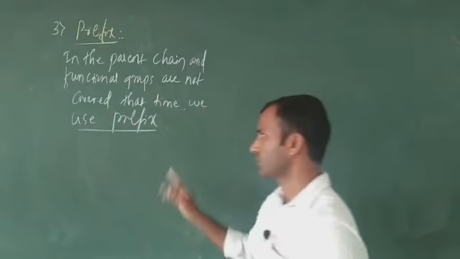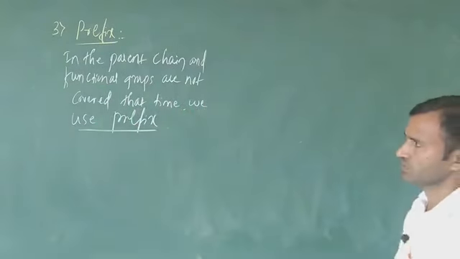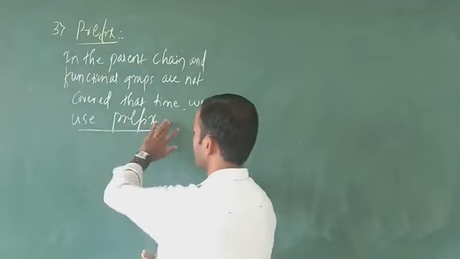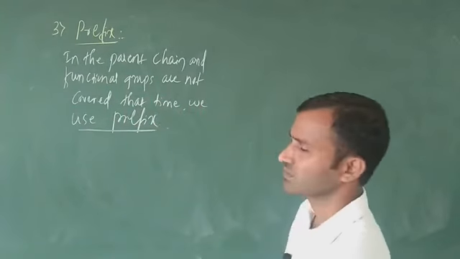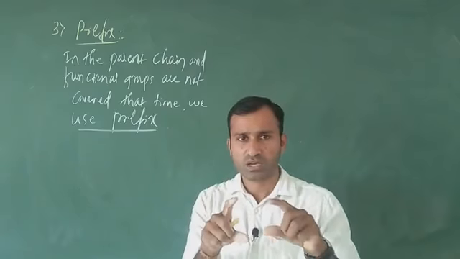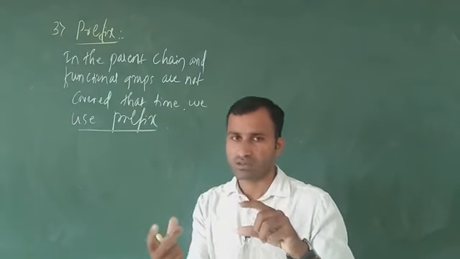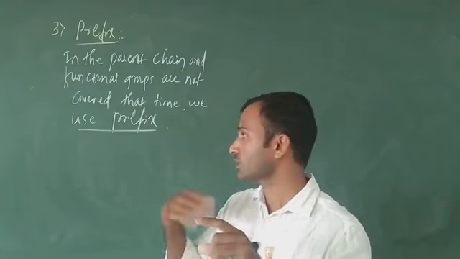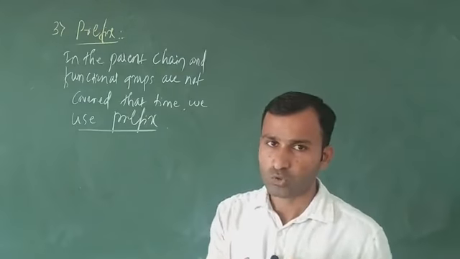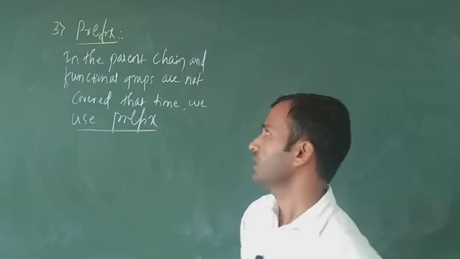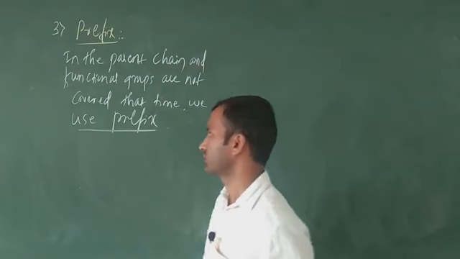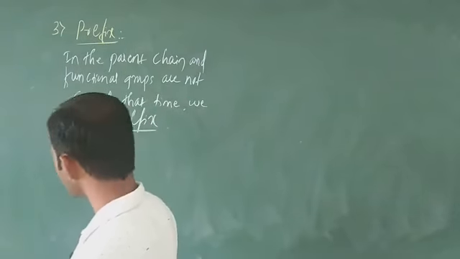Don't worry about this meaning. I will give a very simple example for prefix. In the parent chain functional groups are there. Next, other substituent groups, other groups are there. You are not going to mention all the groups at a time. That time we apply prefix.